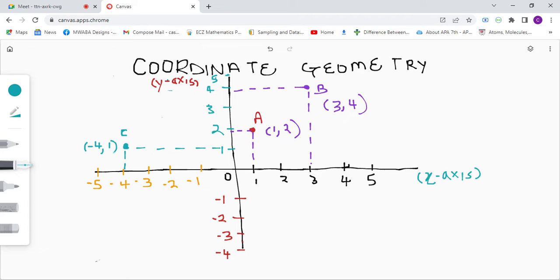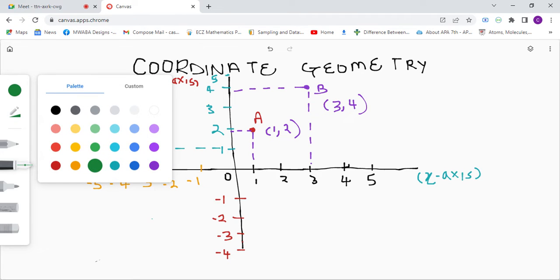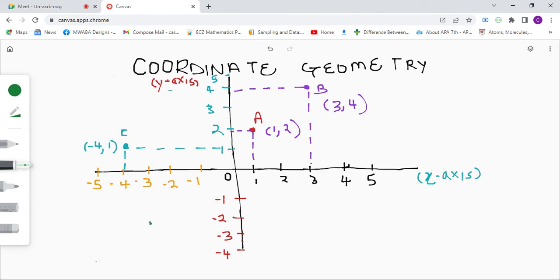Let's look for another point D here. We correspond it to our x-axis, we have -3.